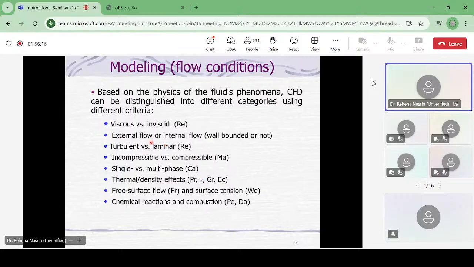Is there any external flow, or can it only conduct internal flow? It is compressible or incompressible. Compressible fluid like air, incompressible fluid like water. It is single phase flow or multi-phase flow. So many things we have to consider for computational fluid dynamics modeling.